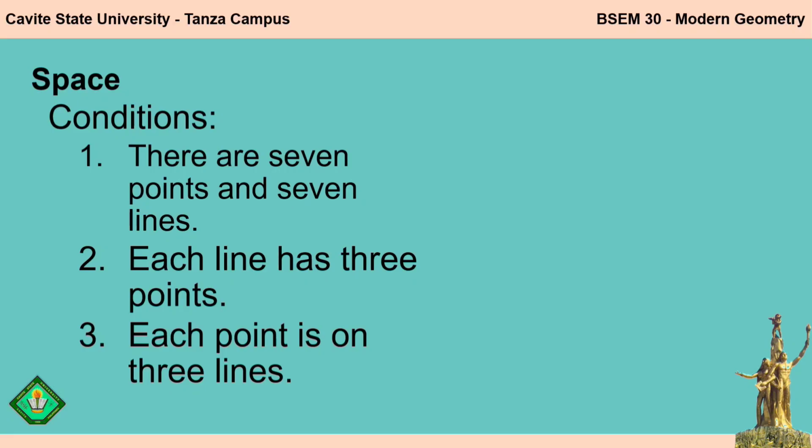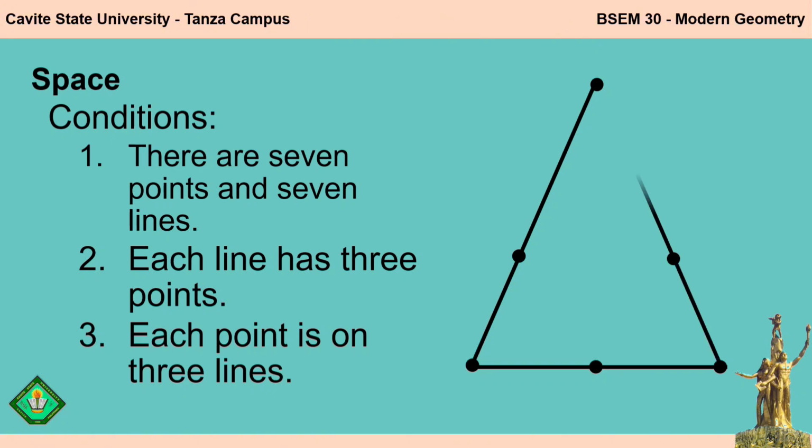So if we try to draw 3 points here and connect them with a line, and then we have another 2 points here and connect them with a line and another point here, we already have 1, 2, 3, 4, 5, 6 points. And we are required to have 7 points.